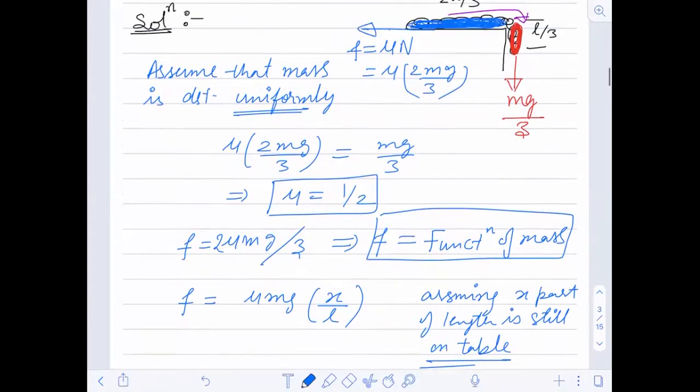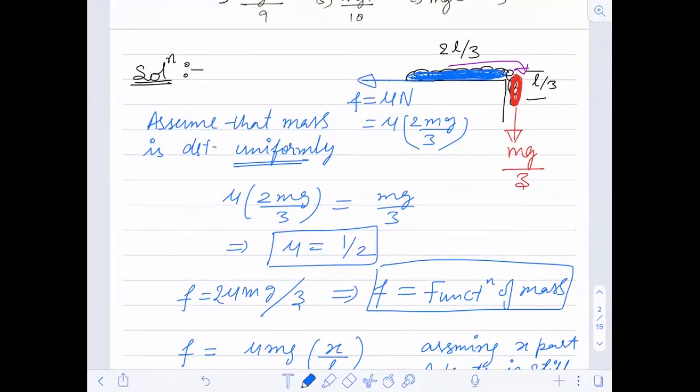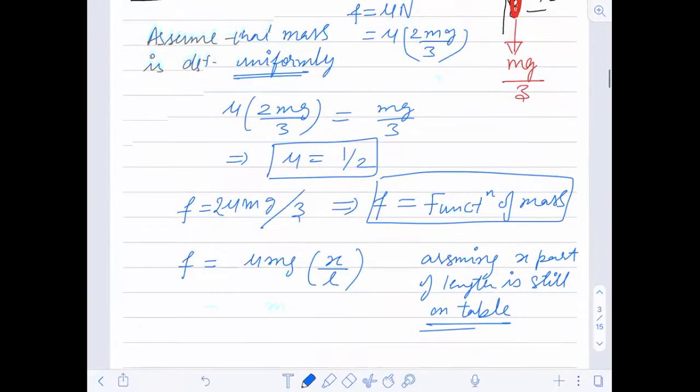Suppose if the 2 by 3rd part of the length was there, this x value will be 2L by 3. If L by 3 is there, it will be L by 3. So it is like that. Now we have the friction value written as mu mg x by L.